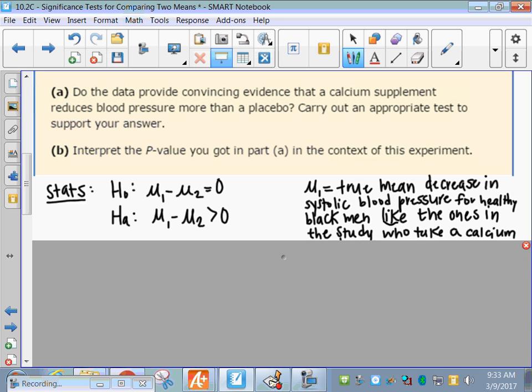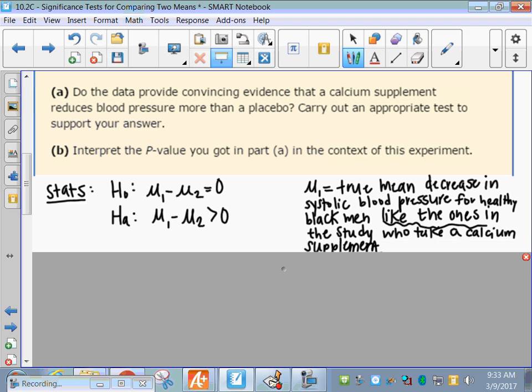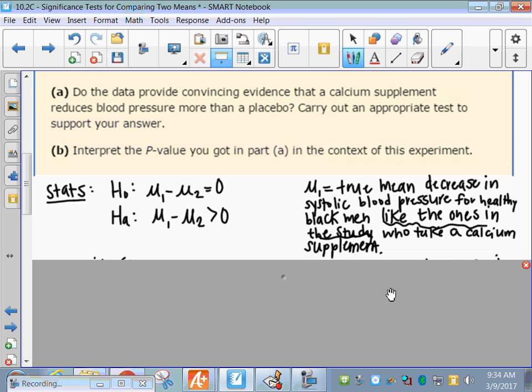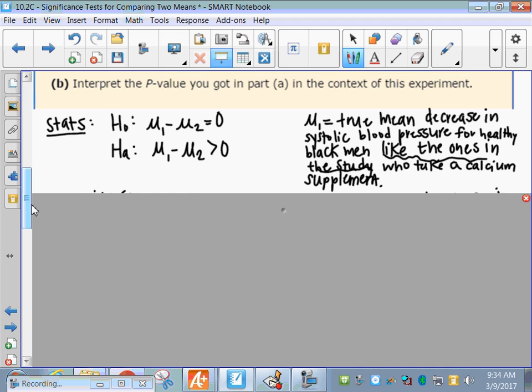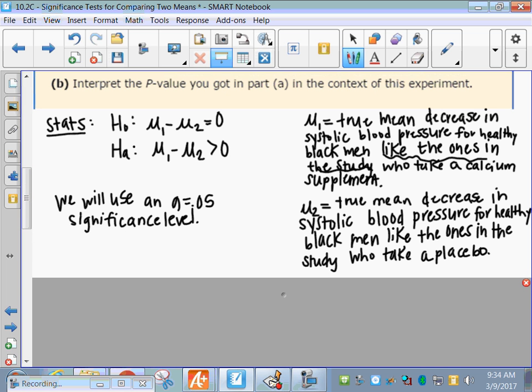So again, don't forget, like the ones in the study, when you're doing an experiment and we don't have a random sample of people, we do have random assignment, but these people volunteered to be a part of the study. So like the ones in the study who take a calcium supplement. Because mu1 is the people who take the supplement, we're hoping for better results, right? So mu1 minus mu2 has to be positive. So mu2 would be the same thing, except for the people who take the placebo.